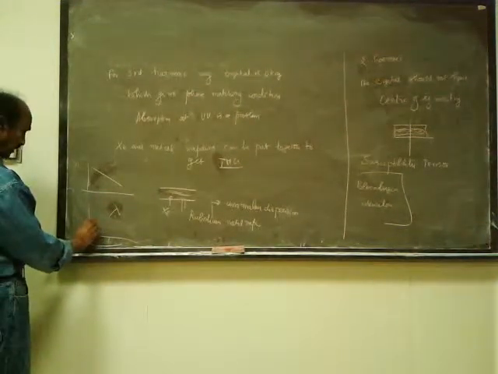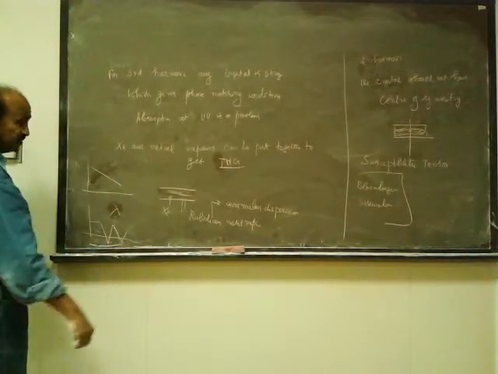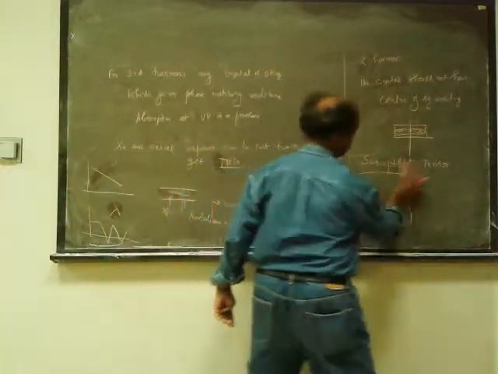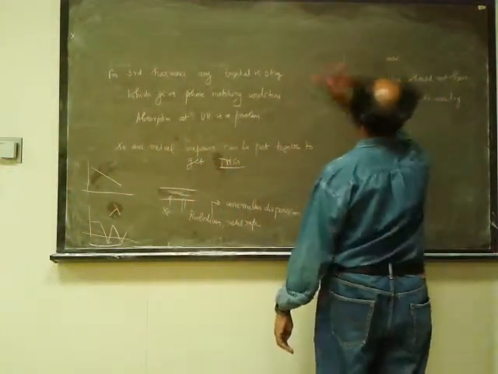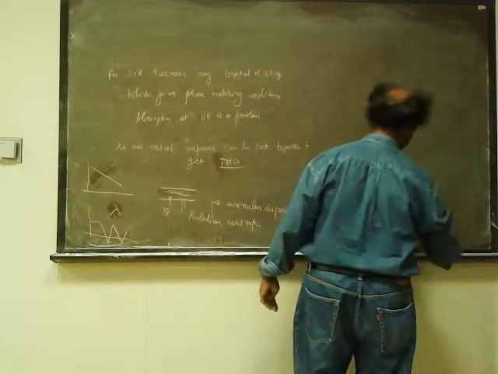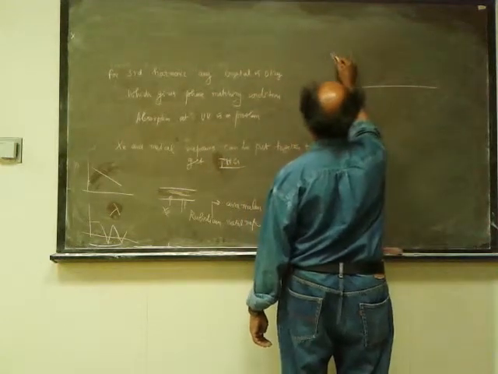So it goes and just suddenly goes like this. It goes even negative, you see. This is refractive index.